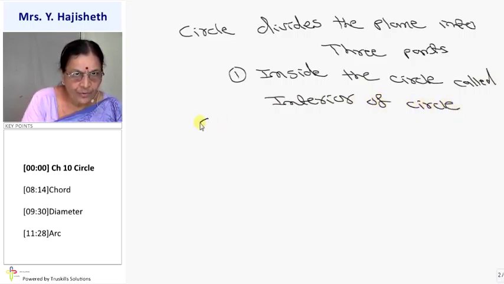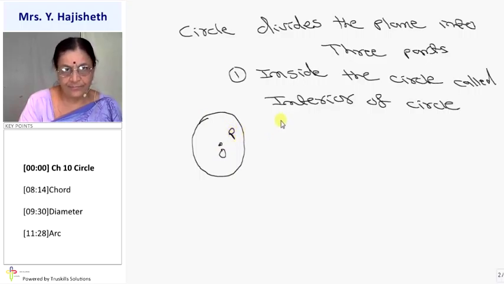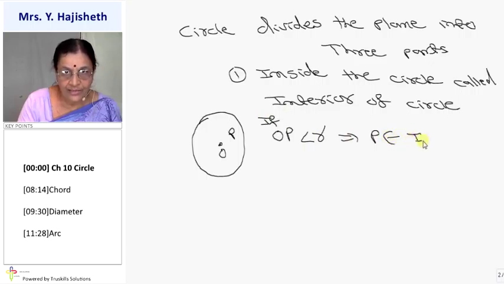If you take any point, this is a circle, O is the center. If P is any point, then OP is less than R. If OP is less than R, it implies P belongs to the interior of the circle.